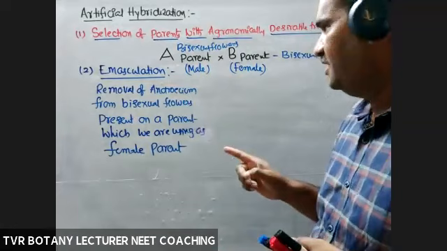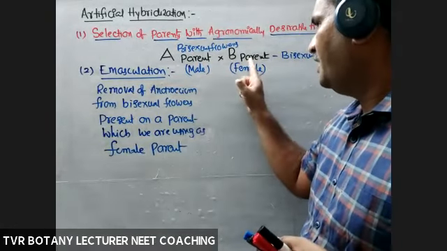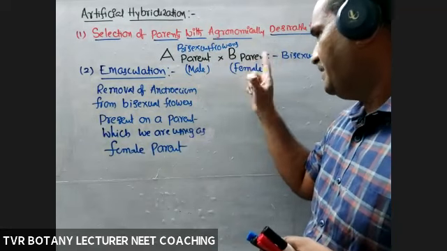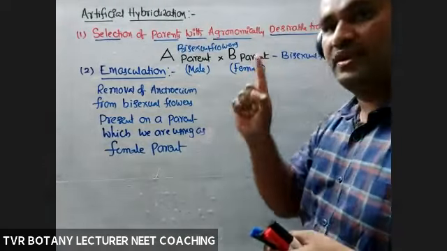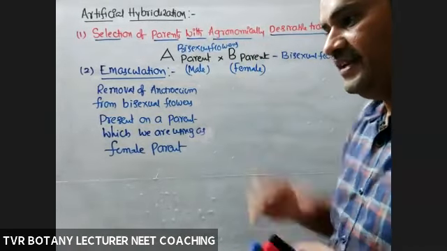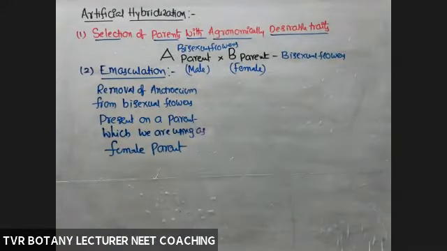To favor xenogamous type of cross-pollination, particularly in the female parent, we should avoid self-pollination. That is undesired or not? What is desired? Xenogamous type of cross-pollination.